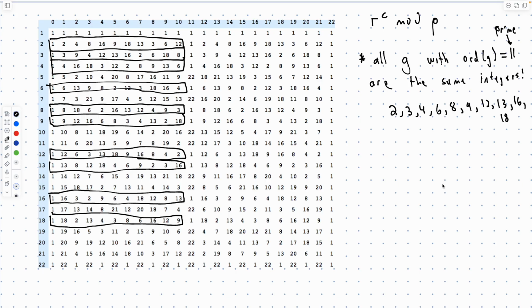Is that a coincidence? That is not a coincidence. That will always be the case if this is a safe prime. In a safe prime, you will always have q elements of order q, and there's going to be q of them.